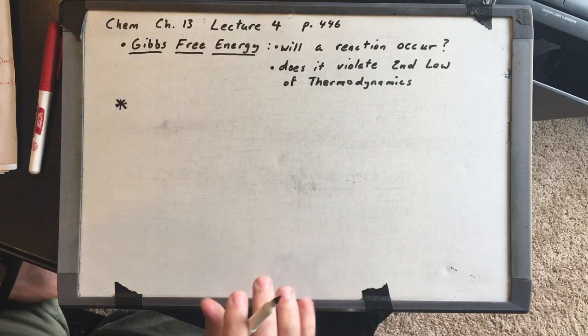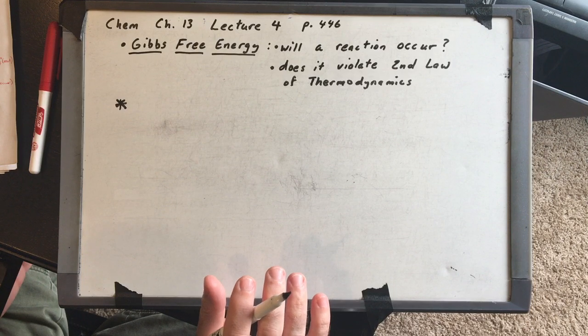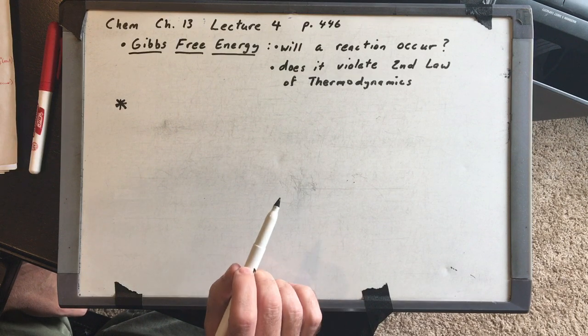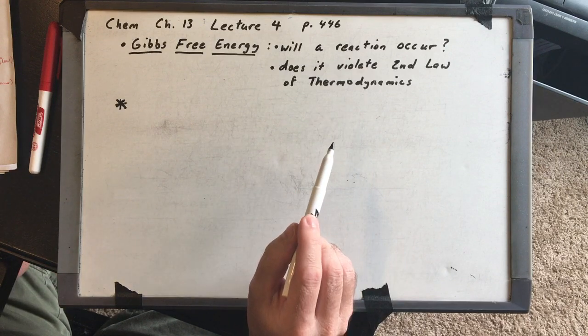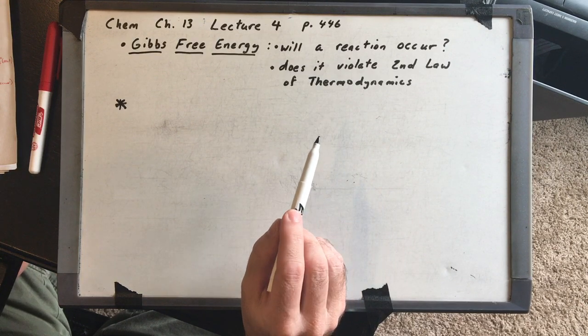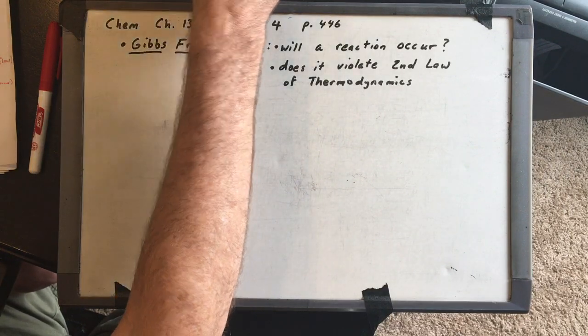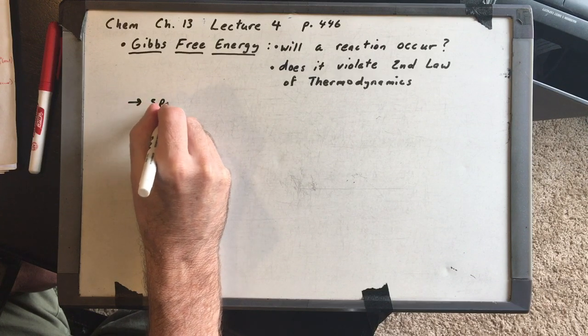So Gibbs free energy is a mathematical mechanism to determine whether or not a chemical reaction can occur, because if a reaction violates the second law of thermodynamics, it won't occur. If a reaction doesn't violate the second law of thermodynamics, we call it a spontaneous reaction.